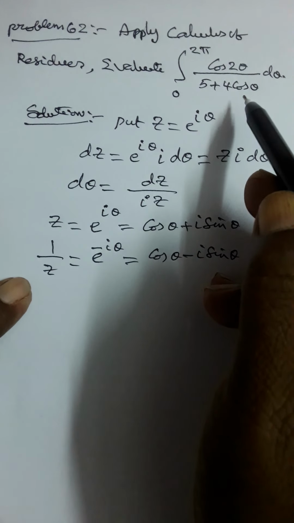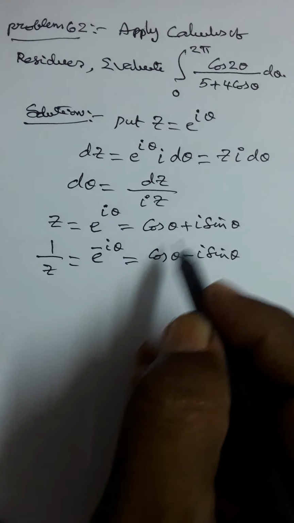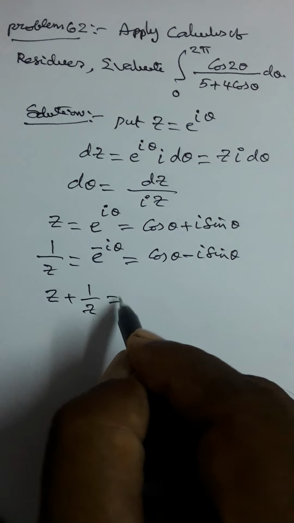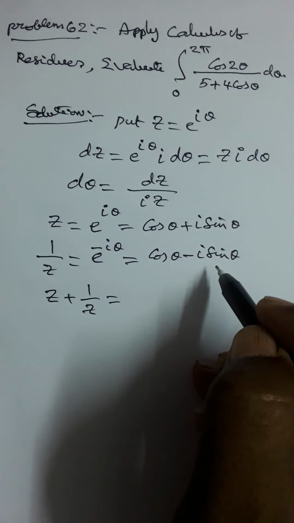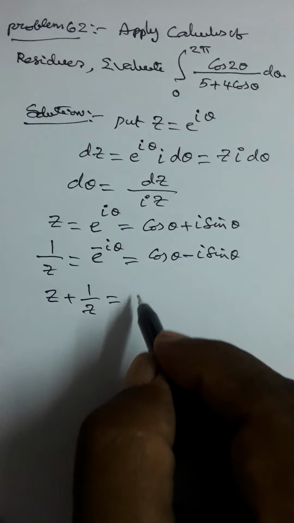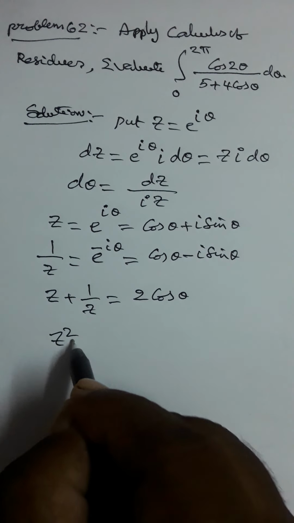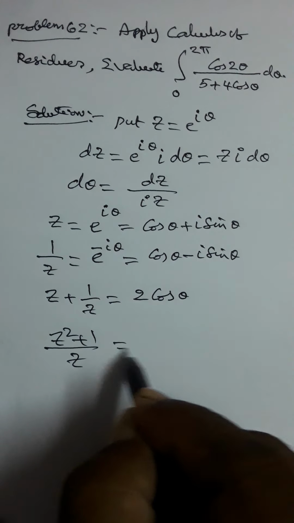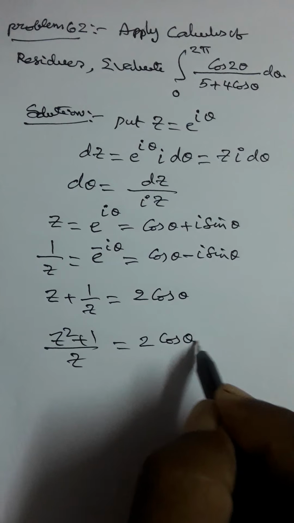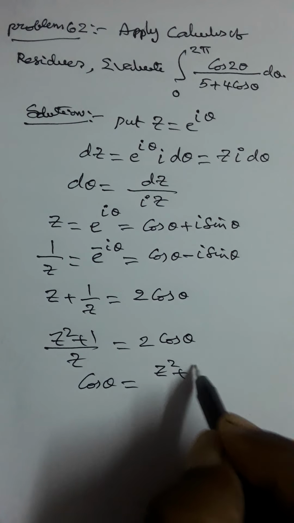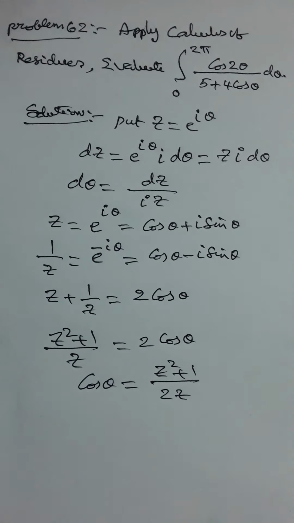We have to get cos theta. How to get cos theta? Adding z + 1/z, the i sin theta and minus i sin theta cancel, giving cos theta + cos theta = 2 cos theta. Taking the LCM, 2 cos theta = (z^2 + 1)/z. So cos theta = (z^2 + 1)/(2z).